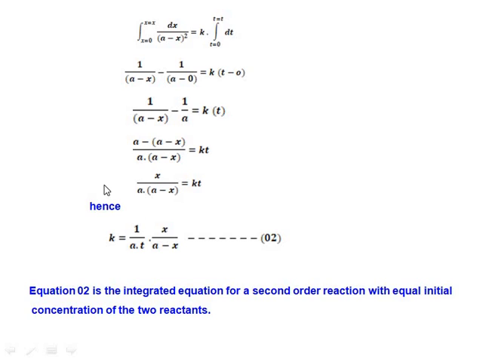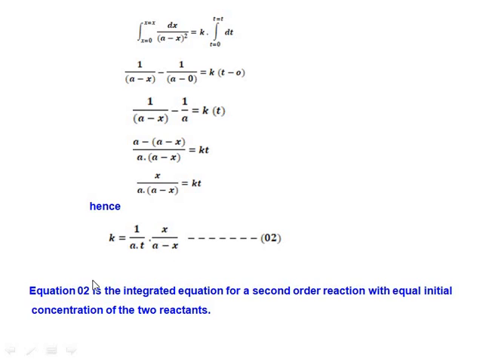Hence this equation can be rewritten as k equal to 1 upon a t into x upon (a minus x).